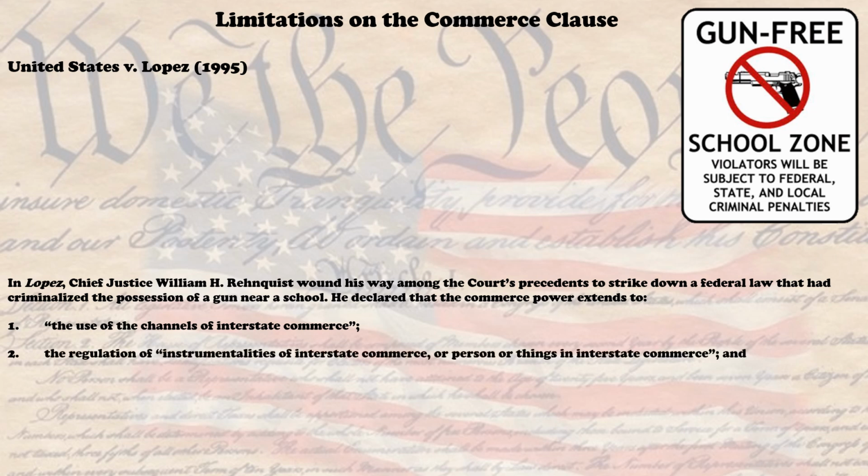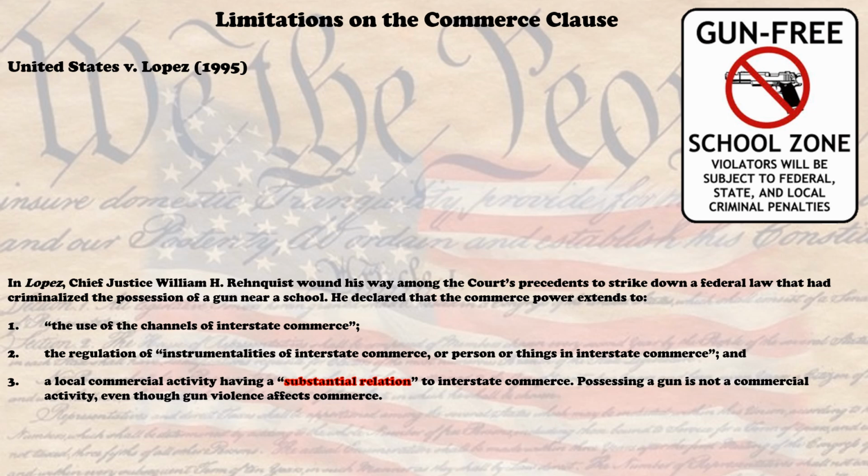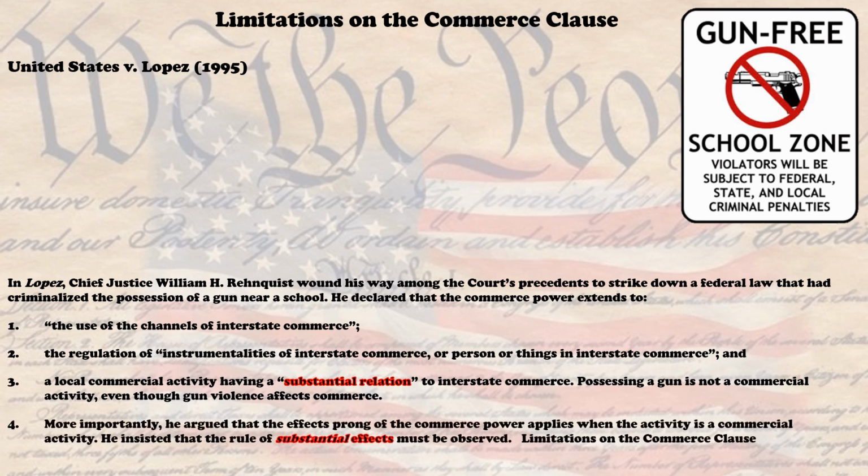The regulation of instrumentalities of interstate commerce, persons or things in interstate commerce. 3. A local commercial activity having a substantial relationship to interstate commerce, and that means a direct relationship to interstate commerce. And he stated that possessing a gun in and of itself was not a commercial activity, even though gun violence does affect commerce.